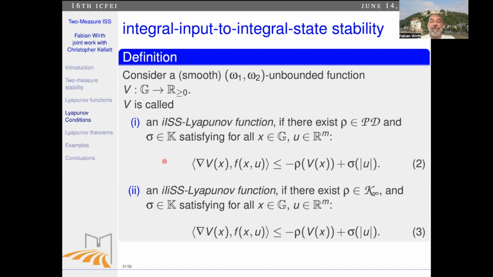And in the integral input to integral state stability, we actually want here, the difference is that here we want the rho in k infinity, and here the rho is just positive definite, right?